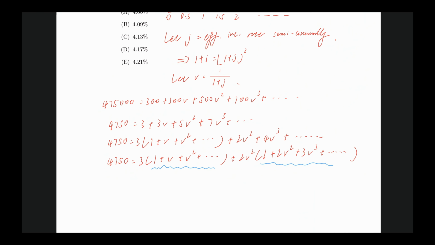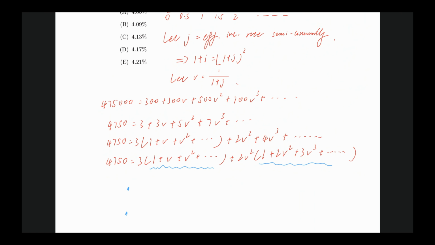And there are formulas about that, so I'm going to write them down. 1 plus v plus v squared plus v cubed plus blah blah blah. We know this from calculus. This equals 1 over 1 minus v. If you are not familiar with this one, it's also in the manual, or in some calculus books.